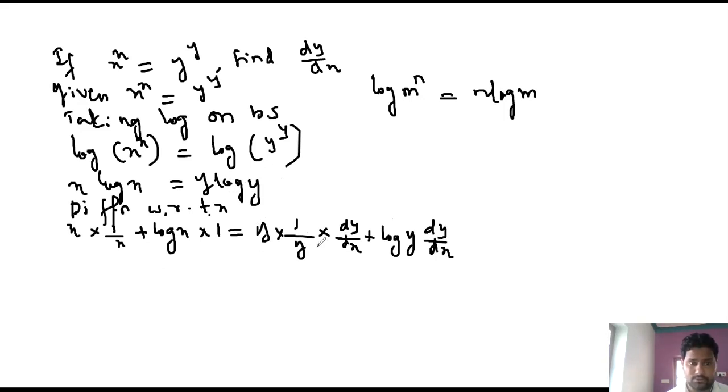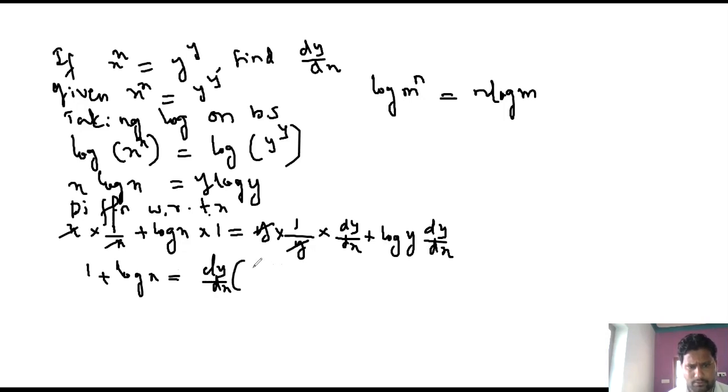Now this y gets cancelled here, and here x gets cancelled. Here only one dy by dx is there. Keep it on the RHS, and take the remaining terms to LHS. So 1 into 1 is 1, plus log x into 1 is log x, is equal to 1 into dy by dx.